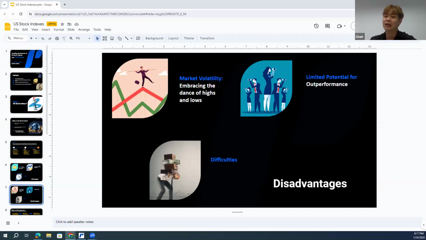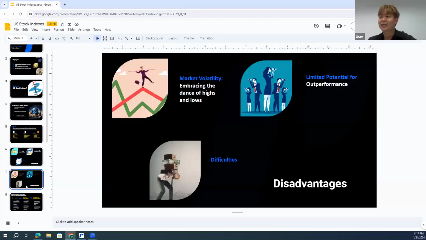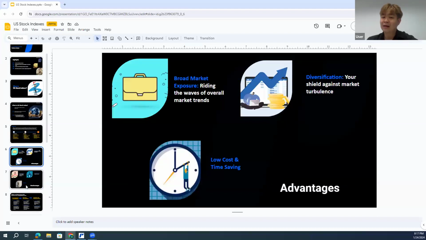This is one of the difficulties for a lot of new traders who want to focus on it. I think I have already made clear the advantages as well as the disadvantages of the stock index.